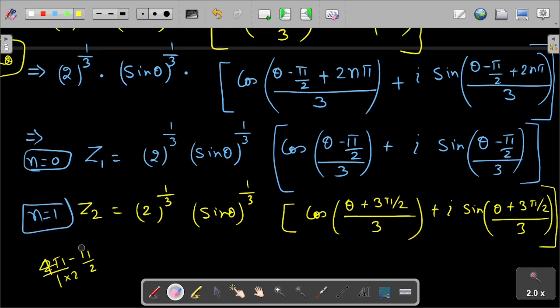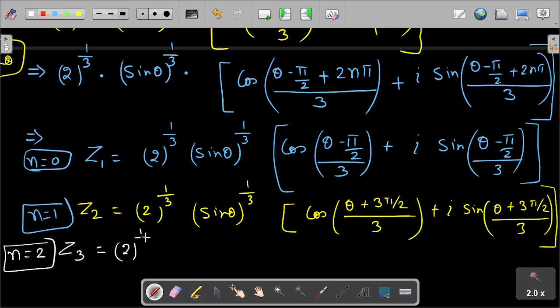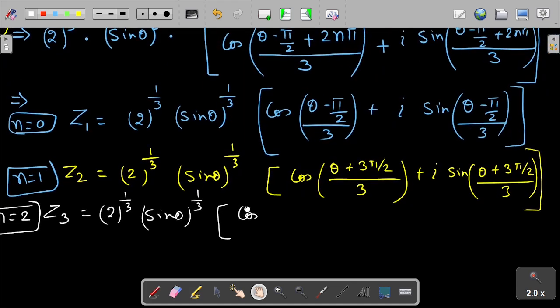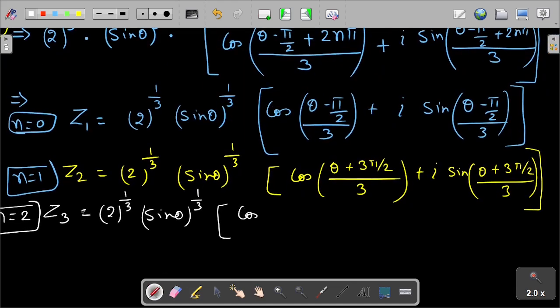Let us see the third. When we put n equal to 2, what will we get? Let us put n equal to 2 here. So we will get z3 equals 2 raised to power 1 by 3 sine theta raised to power 1 by 3, and this will be cos, what will it be? When we put n equal to 2, it's 4 pi minus pi by 2.